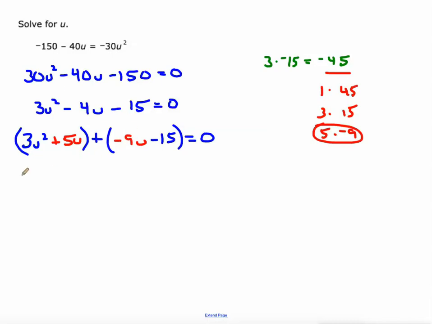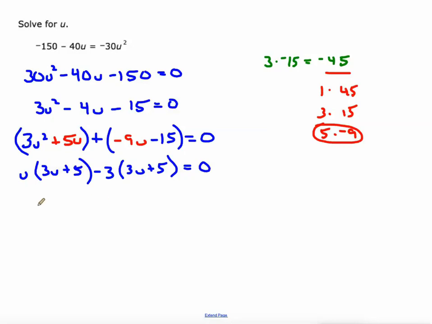I also grouped, because now I'm going to do factoring by grouping. This first group, they're both divisible by u. So that would give me u times 3u plus 5. In the second group, they're both divisible by negative 3. So that would give me 3u plus 5 inside the parentheses as well.